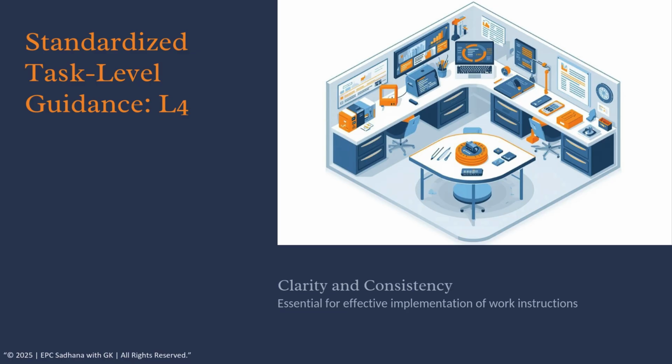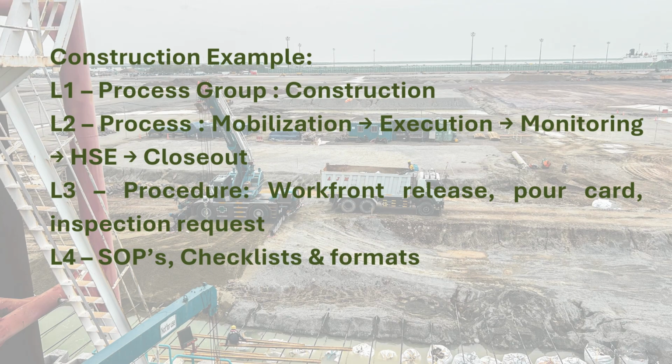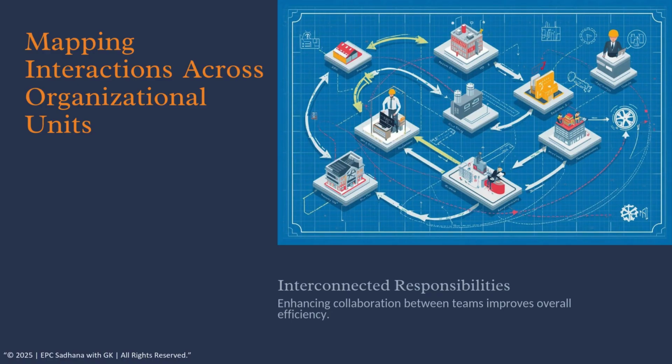Now that we understood the third element of the process framework, that is process hierarchy, L0 to L4, let us understand the fourth element, that is the process landscape diagram. It's a one-page map that shows how the entire company works.